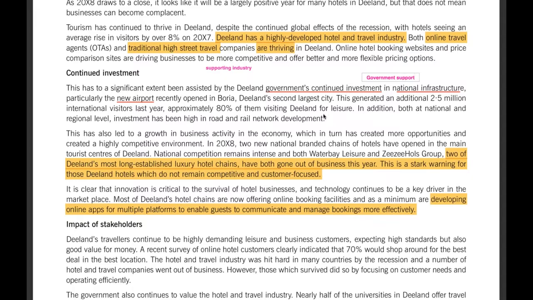Both national and regional investment has been high in road and rail transport. So basically, you can talk about the government support here.